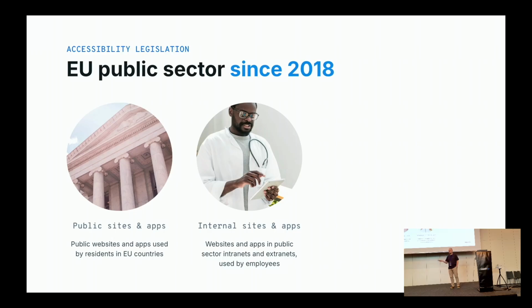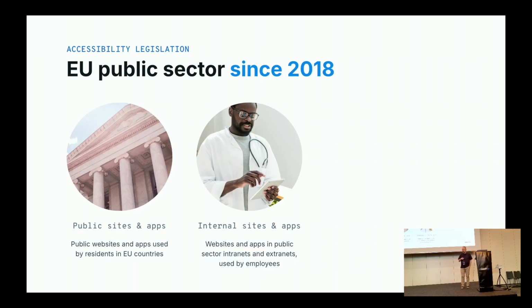So they're trying to throw money at you, but they can't because of these regulations. So that's a pretty good reason to make quite a few many more applications and websites accessible than if it was only about those targeting the general public.